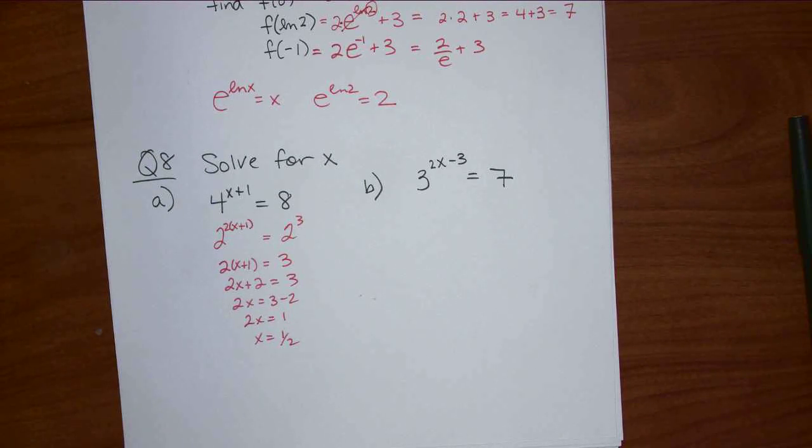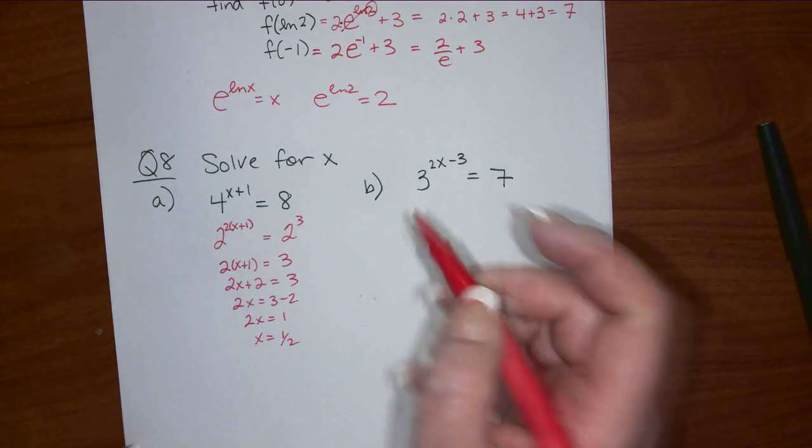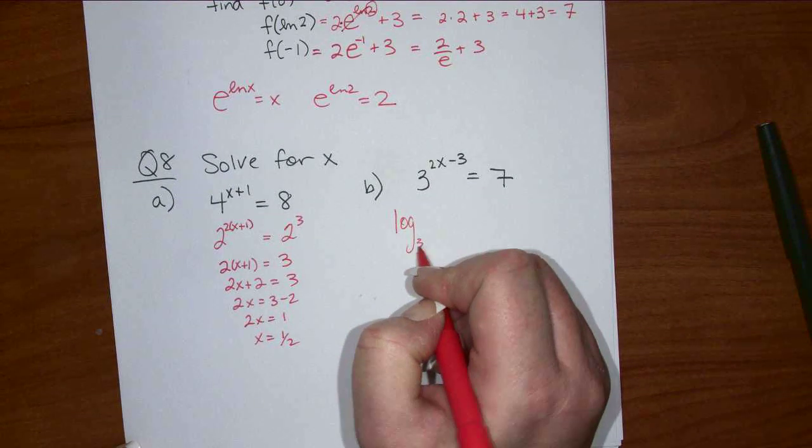Okay, so as opposed to this example where you can't make the bases the same, what we need to do is do something to both sides to get the 3 to cancel out. And what is that? Log base 3. So we take the log base 3 of both sides.